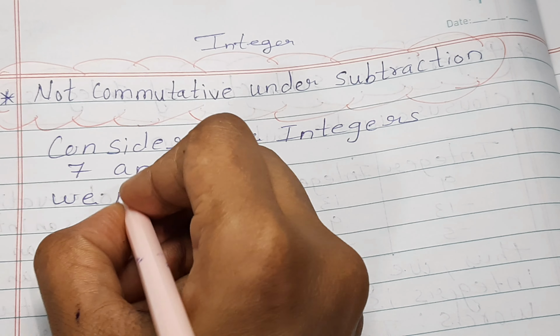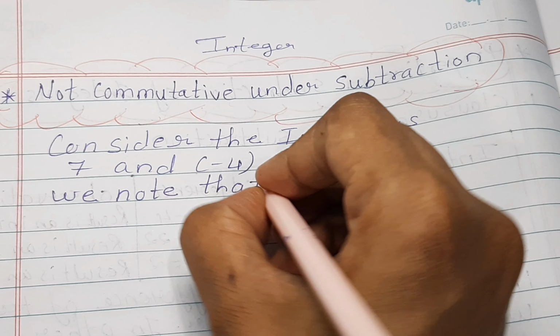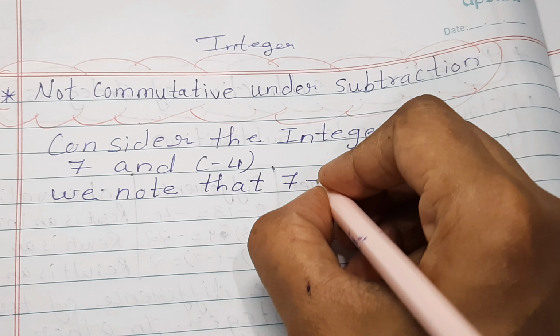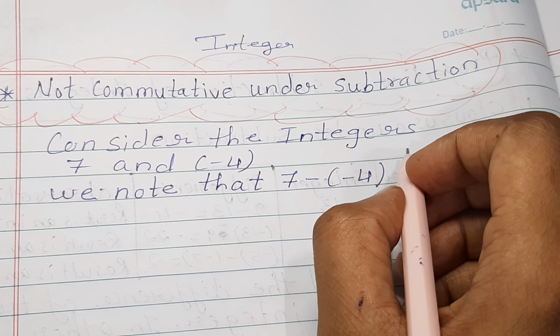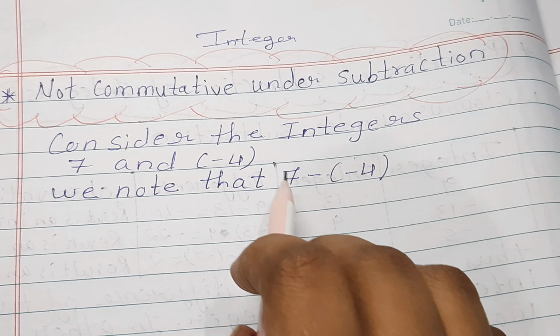So we note that 7 minus minus 4. This is the subtraction, no?